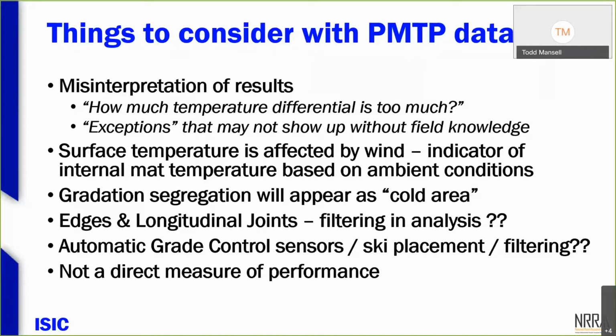Automatic grade control sensors and ski placement are things that we just need to consider, and we've been having discussions about that as well. It gets picked up by the thermal camera if you've got the ski over top of the new mat or within the camera's range. So those are just little things that we need to be aware of.